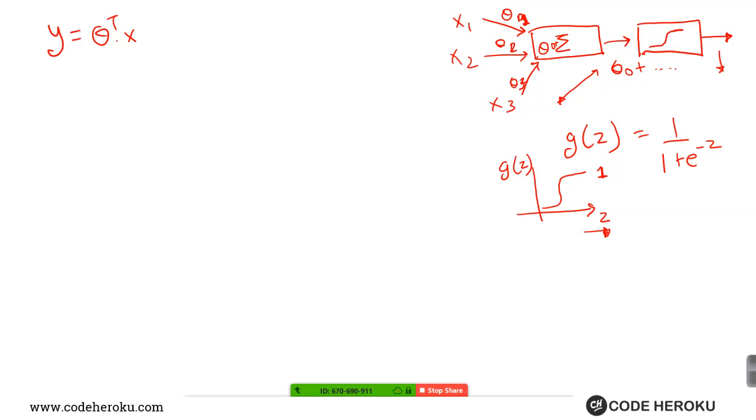And as z over here tends to minus infinity, what will be the output? If z tends to minus infinity, if you put minus of minus infinity, that will be positive infinity.